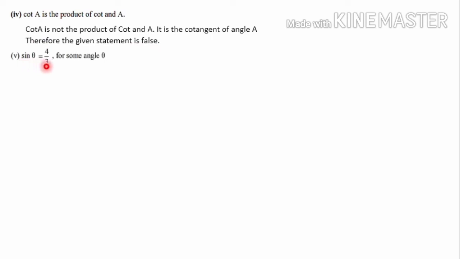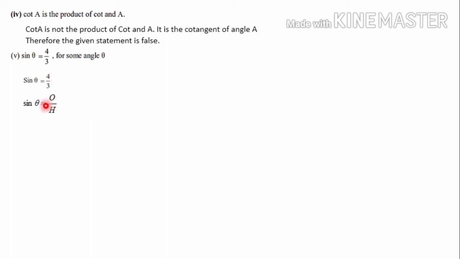Next statement: sin theta is equal to 4 by 3 for some angle theta. Sin theta equal to 4 by 3 is the given value. We know the formula for sin theta is O divided by H. When you compare the right hand side, here 4 by 3, here O by H. You can see the denominator value is the hypotenuse measurement and the numerator value is the opposite side measurement.